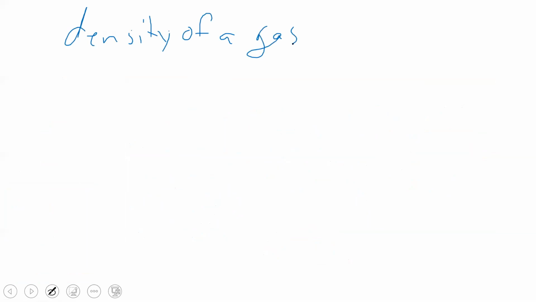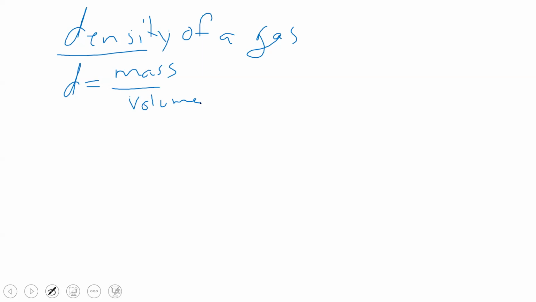Okay. So with the density of a gas, density is equal to mass over volume. When it comes to the density of a gas, one thing we know about gases is that the number of moles of that gas in a certain volume is going to tell us something about the number of particles in that volume.